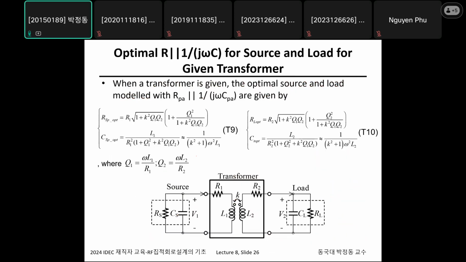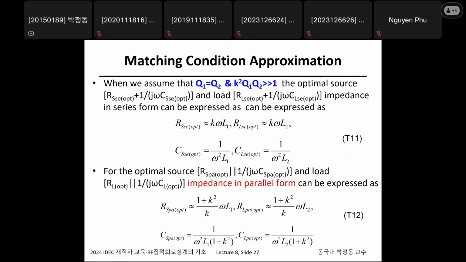So the optimum value for this parallel configuration is given by those, right? Very simple. Here we assume Q1 and Q2 are almost the same, and K square Q1 Q2 is much larger than 1, right? Then the optimum source and load impedance in series form can be given by this, right?